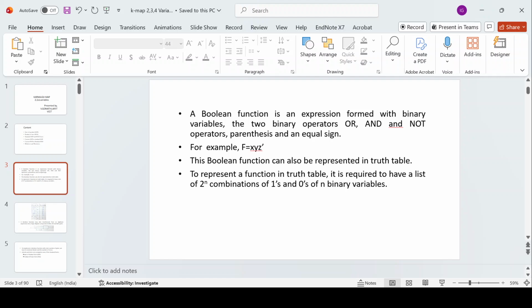A Boolean function is an expression that is formed with the binary variables and two binary operators. The binary operators have been combined with the help of OR and NOT operators. Example: f equal to x, y, z dash.